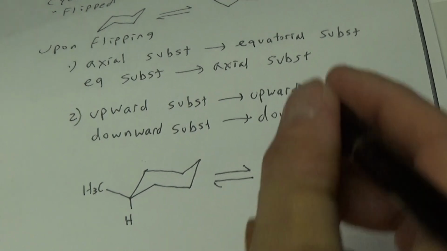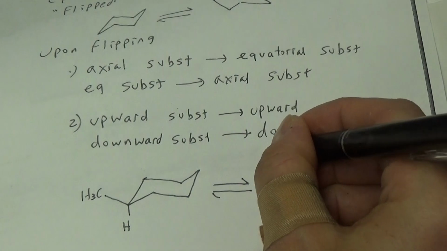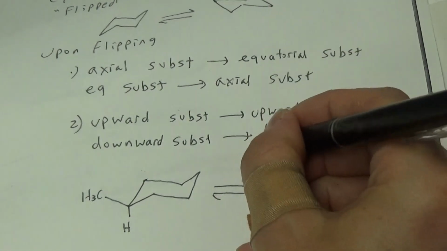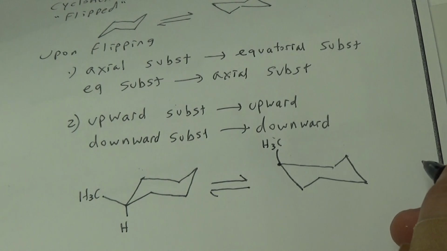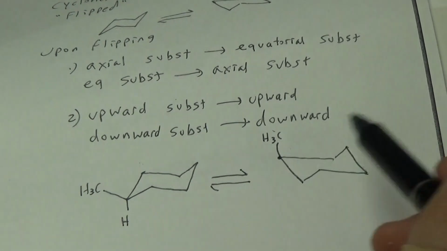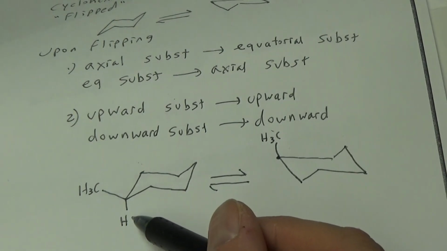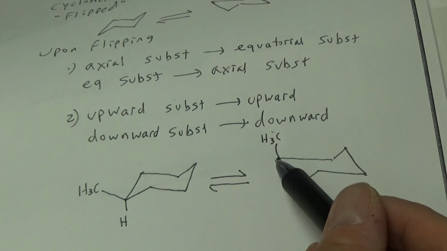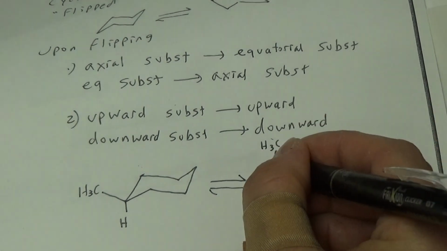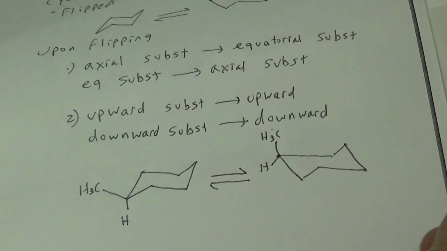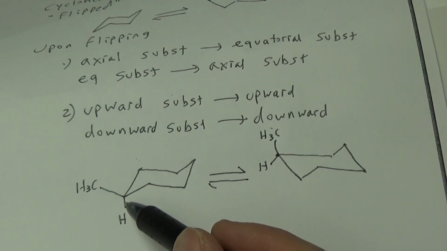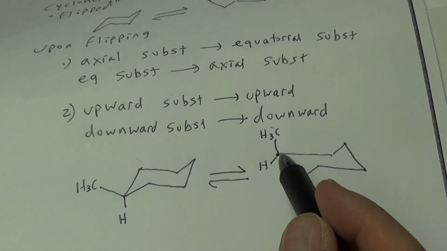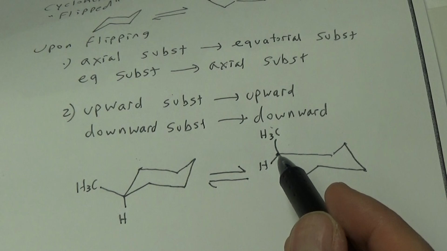So this is the answer of how it flips, H3C. Where's the H? It was down and axial, now it has to be down and equatorial. Well, it would be right there. So this position in the left chair form becomes this position in the right, flipped form.